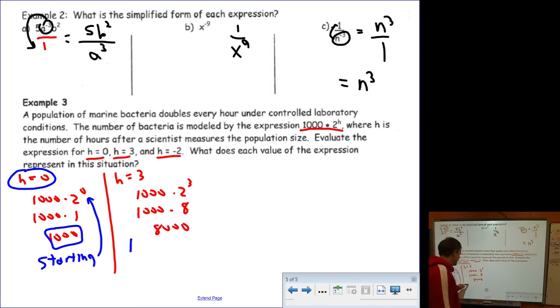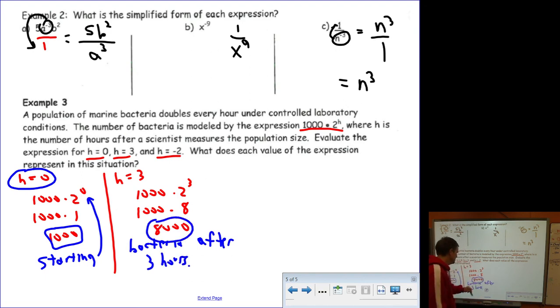And that would be bacteria after 3 hours. There'd be 8,000 bacteria after 3 hours if they doubled every hour. I think that makes sense. So you start with 1,000, and after 1 hour you'd have 2,000, and then it would double again and you'd have 4,000, and then the 3rd hour it would double again, you'd have 8,000. So that makes sense.